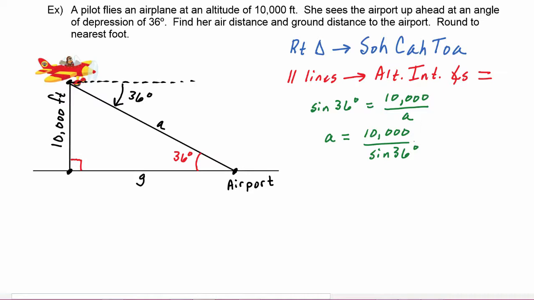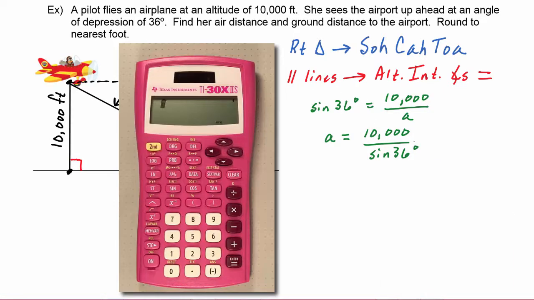Now we're ready to pick up our calculators and find out what A is. So we'll enter 10,000 divided by the sine of 36, and we don't have to put the degree symbol in since there's no subdivisions into minutes or seconds.